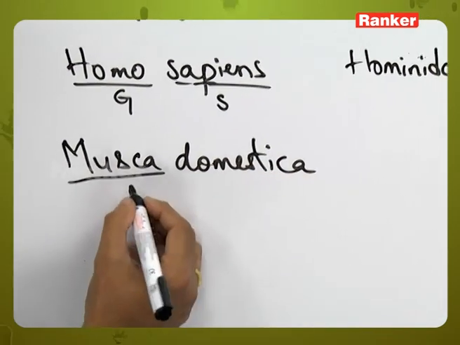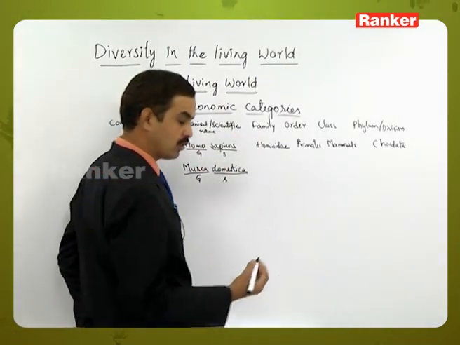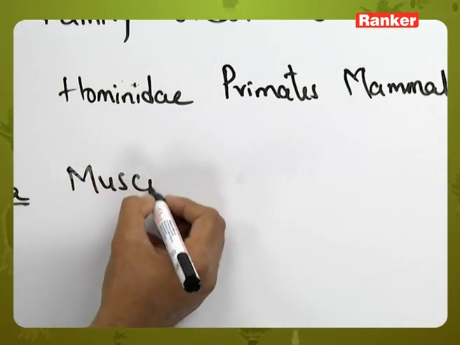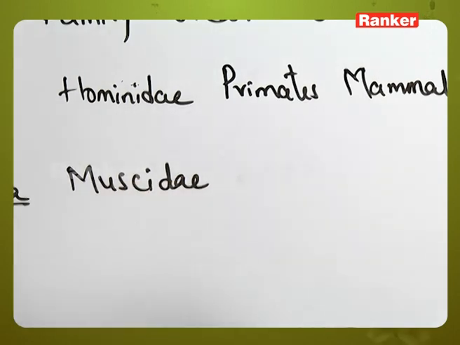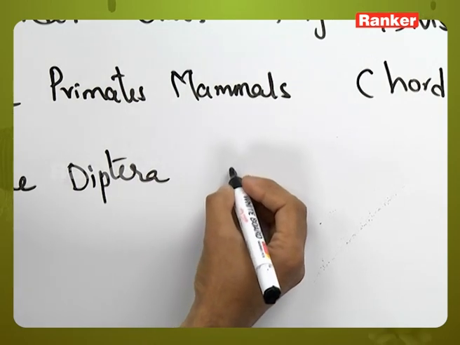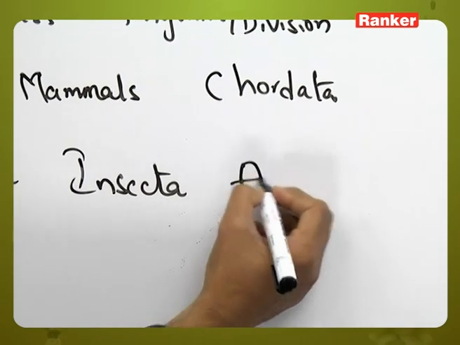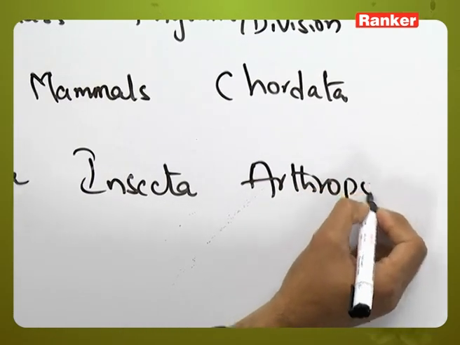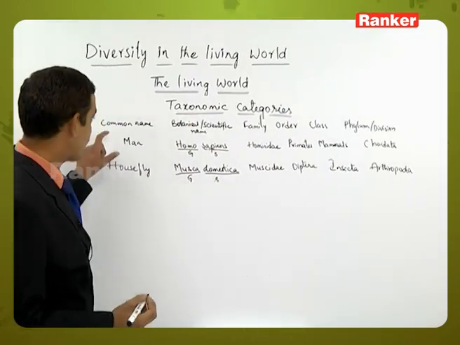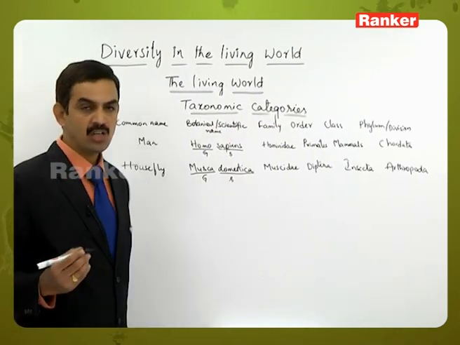In this, Musca is the genus, whereas domestica is the species, and it belongs to family Muscidae, order Diptera, class Insecta, and phylum Arthropoda. The jointed leg containing organisms have been kept under Arthropoda. So these are the two examples of animals. One is taken from the Chordata group and the other is taken from the non-Chordata group.